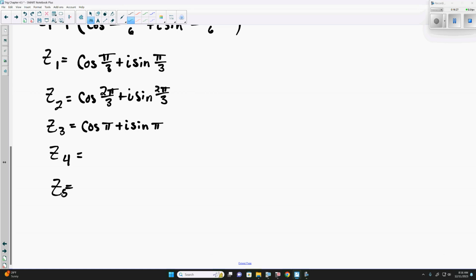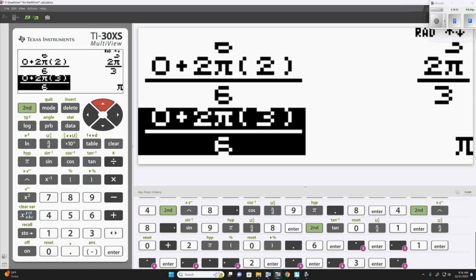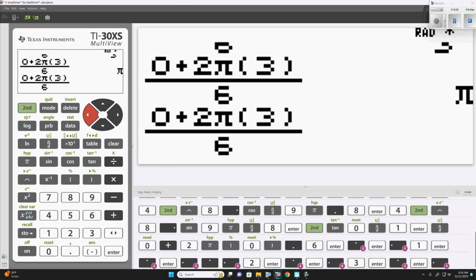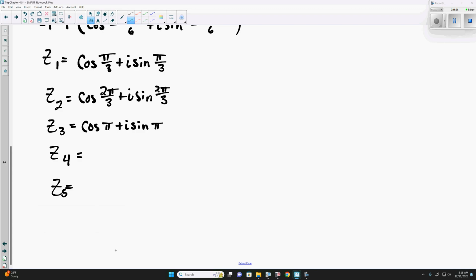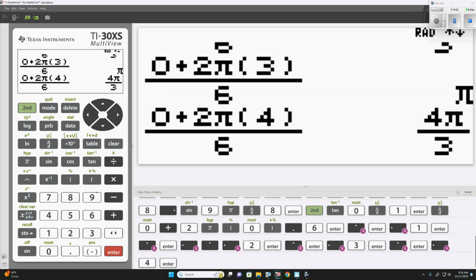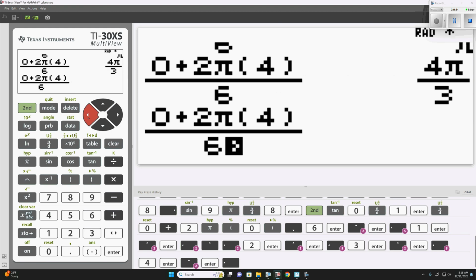Do the same thing for z sub 4, which gives 4 pi over 3. And lastly, we'll do this with 5 and get 5 pi over 3.